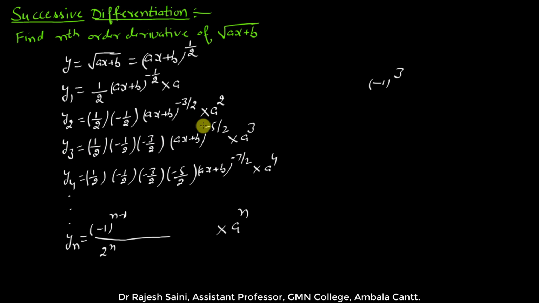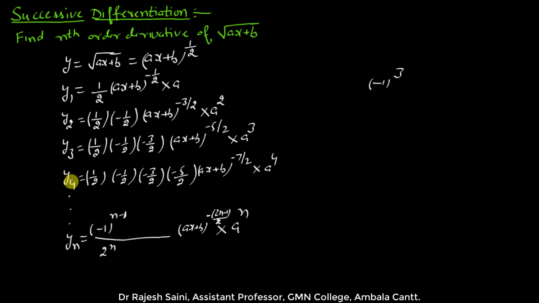Twice of 3 will be 6 and minus 1 will be 5. So whenever here will be n, it will be ax plus b raised to the power minus 2n minus 1 by 2. Fine. Minus 1 by 2 is same.